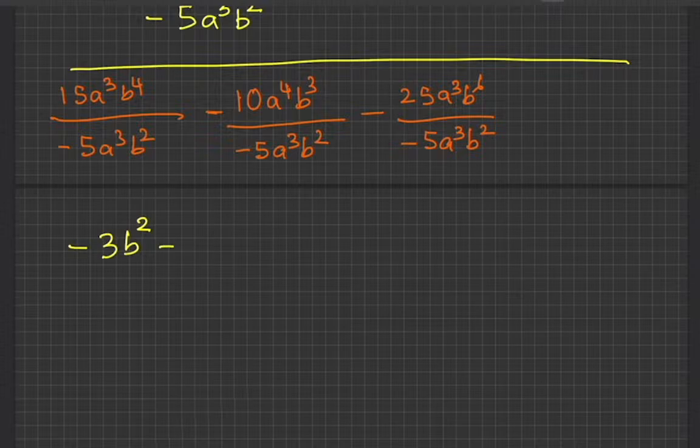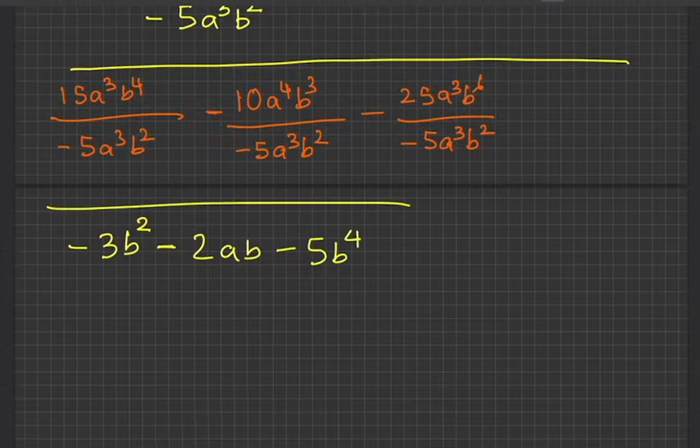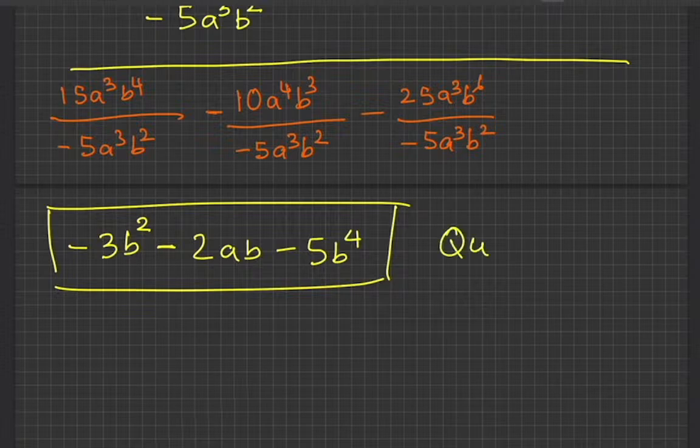Then I have a minus sign over here. So it is 2ab. Then I have a negative, so it is again 5 b to the power 4. This is your quotient. Got it?